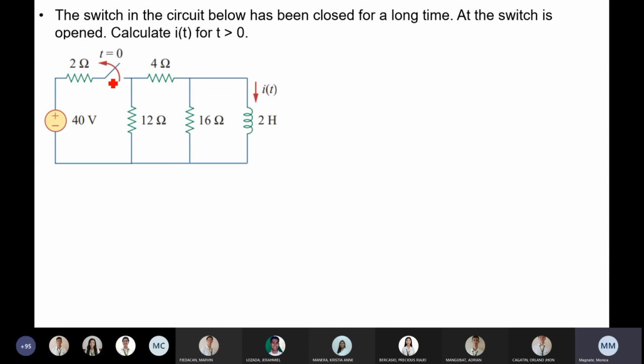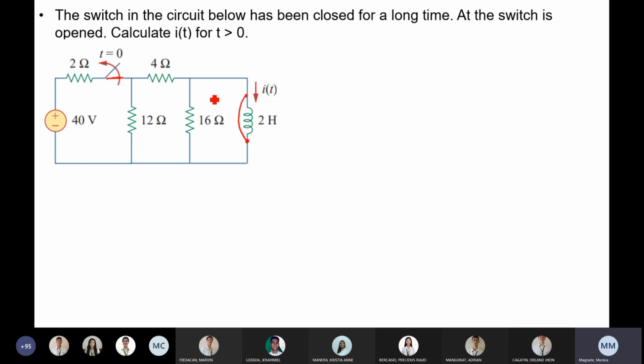So, consider muna natin yung initial na state. Pag naka-close itong switch natin, so anong state ng ating inductor? Short. Shorted. So, kung shorted yung inductor natin, ano pa yung shorted dyan? Masya-short niya din si 16 ohm, diba?